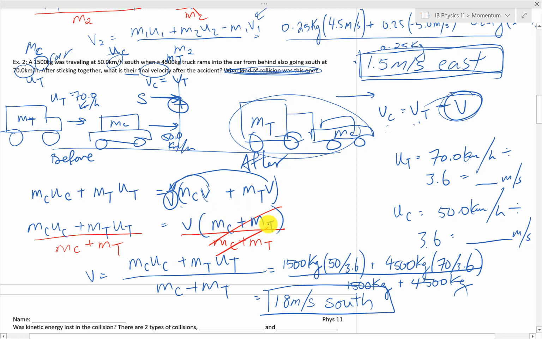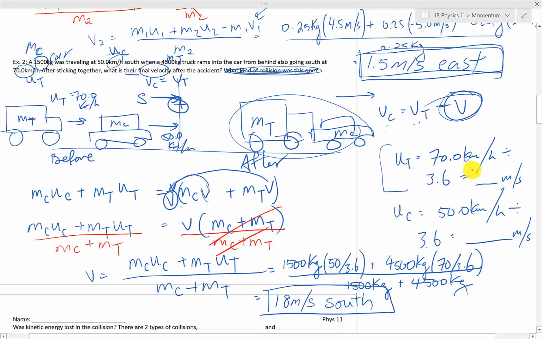When I put in the values, I used meters per second. So I showed this over here, which in order to get meters per second, a few videos ago, I showed us how to get meters per second just by dividing by 3.6 instead of having to do the long conversion. So instead of calculating it out, I got a little bit lazy. I just put it directly inside my equation there to show that we are using meters per second.